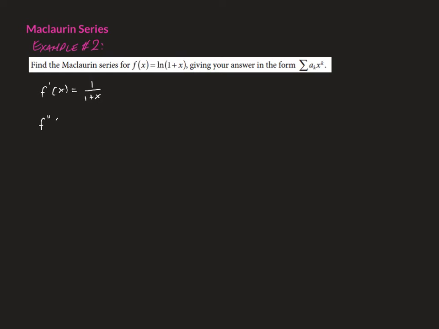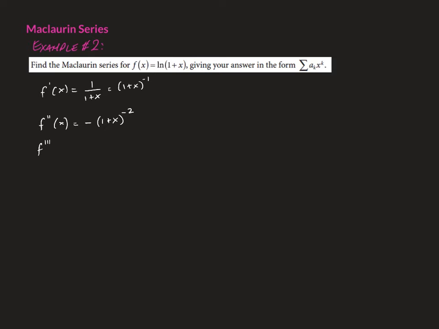F double dash, this is the same as 1 plus x to the power of minus 1. So if I use power rule and chain rule, it's going to be easier for me to differentiate. So the second derivative is going to be minus 1 plus x to the power of minus 2.